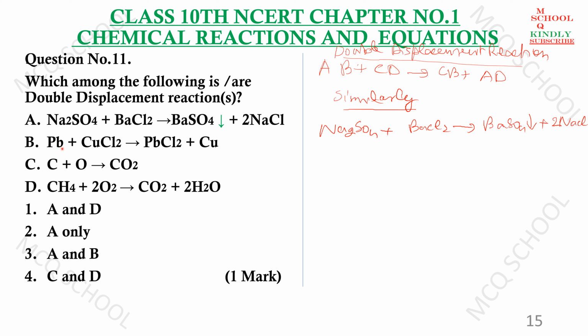Say this is single element lead, copper. This is a combination reaction, carbon plus oxygen. This is a displacement reaction. This is also a displacement reaction. Hence the double displacement reaction is only A. That means the second option, A only.